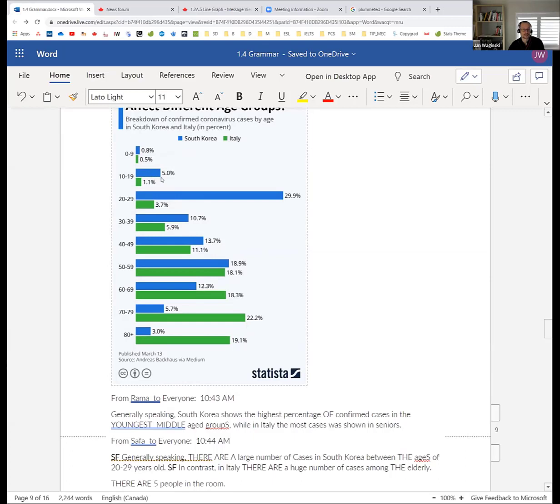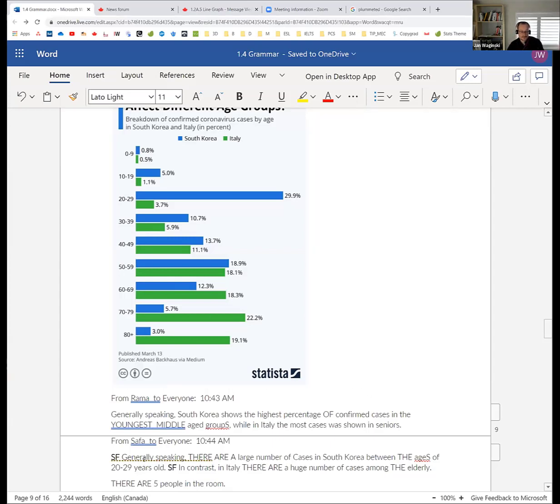There are 5 times as many cases, and there are even more cases amongst the youngest. This looks like a small difference in absolute terms, but from 0.5 to 0.8, that's like from 50 to 80, that's over 50% higher, right? So that's many more cases.